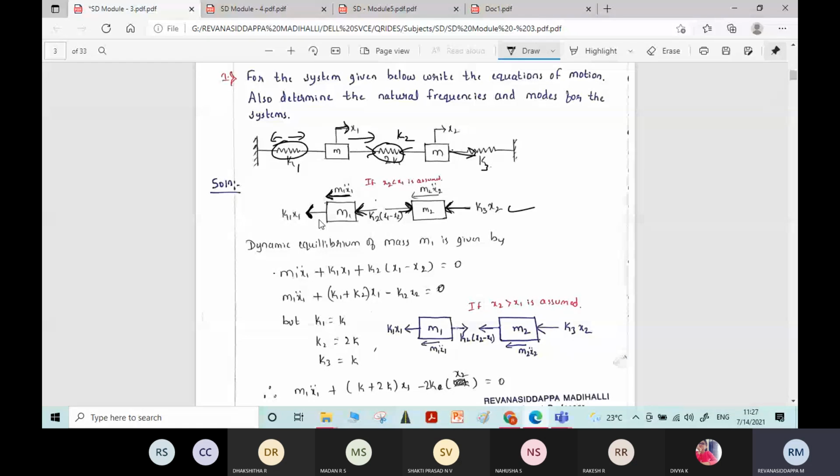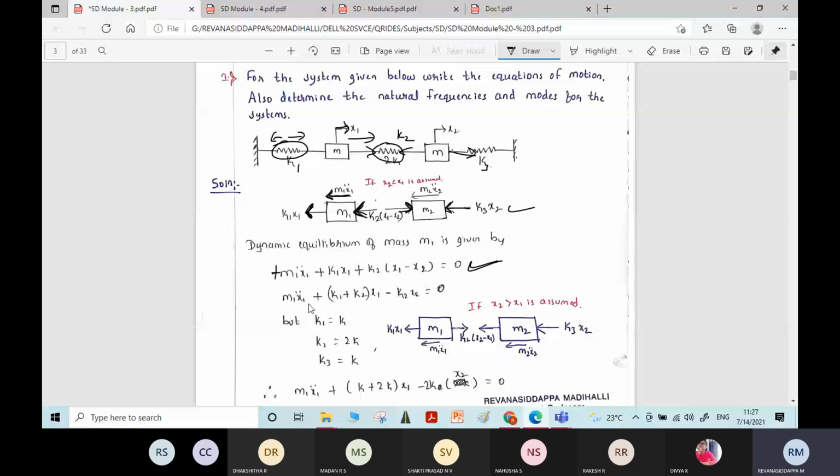Okay, so here for mass m1 I have written the equation. It is the leftward inertial force, m1 x1 double dot, with positive sign. Then there is a force k1 x1 plus k2 into x1 minus x2.